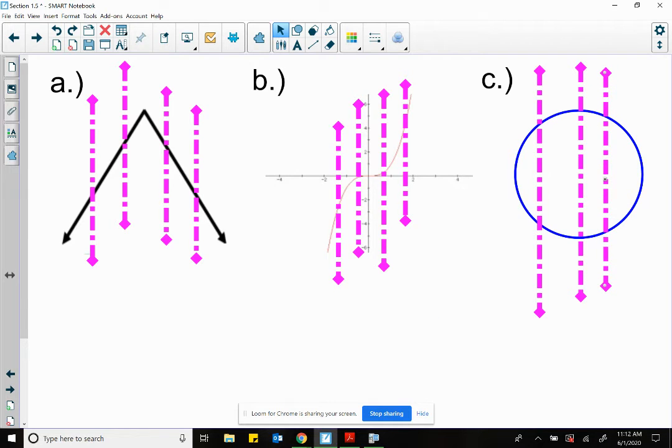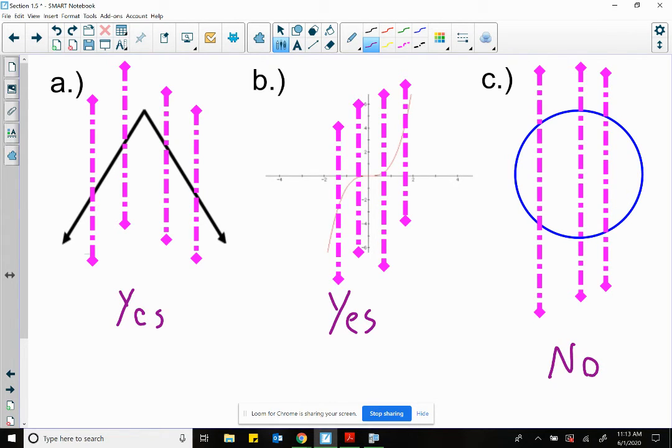All right. So as we look through this, is A a function? Absolutely. All those vertical lines only hit the function once. And B, is that a function? Absolutely. All those vertical lines are hitting the function only one time. Is C a function? No. I have 3 vertical lines here that are hitting it more than once.